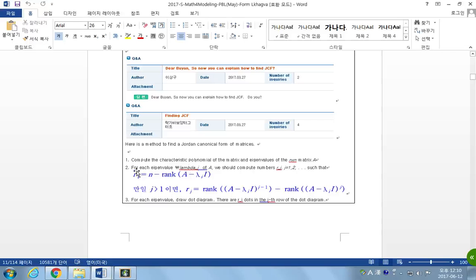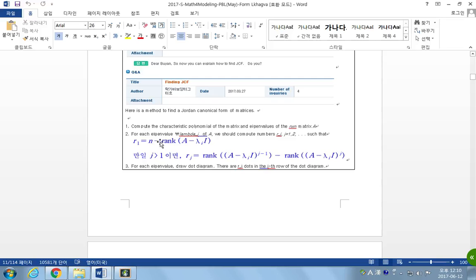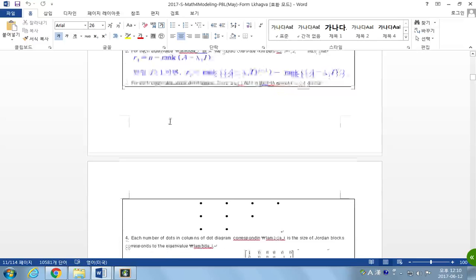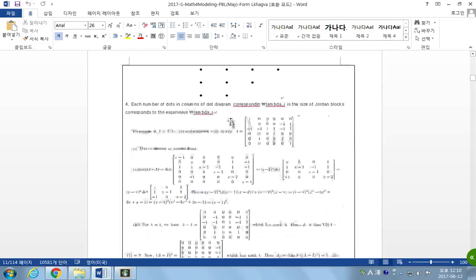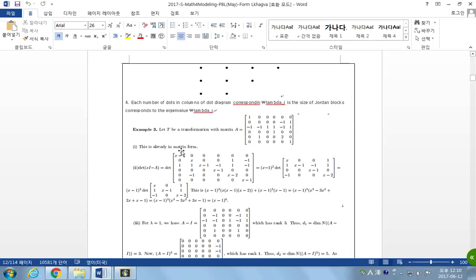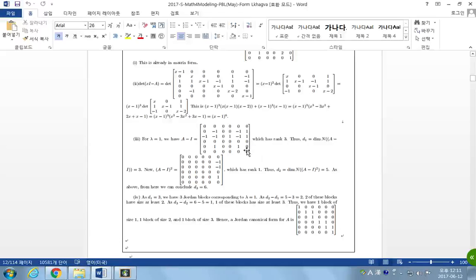And I tried to answer it like this. There are 4 steps using a dot diagram to find Jordan canonical form, and here is one example to find Jordan canonical form.